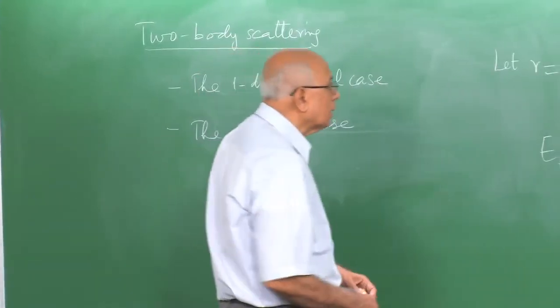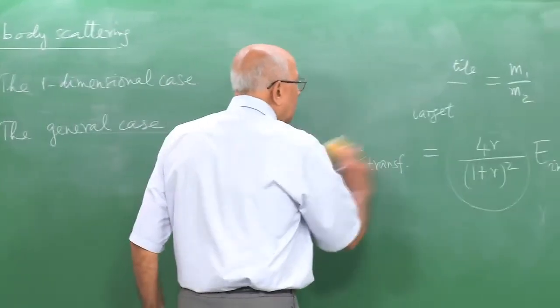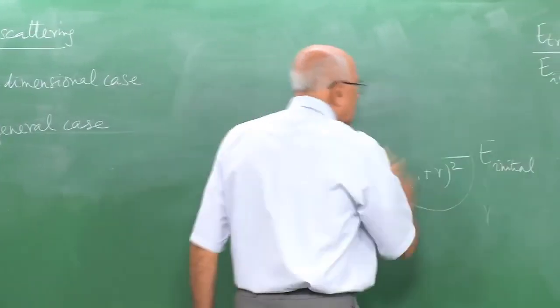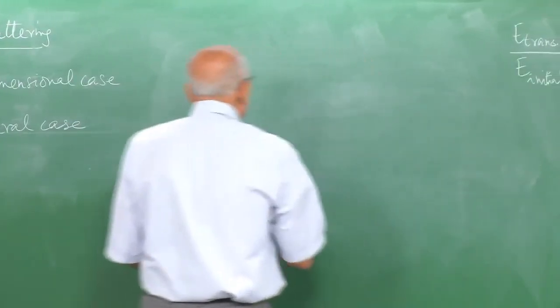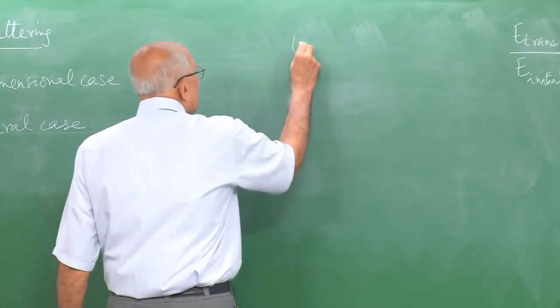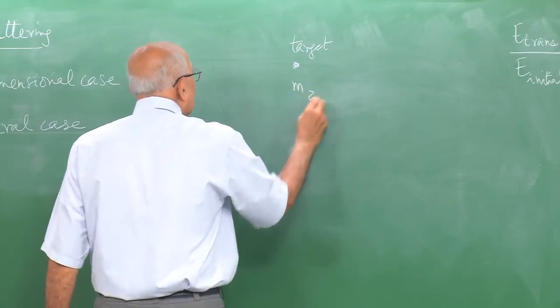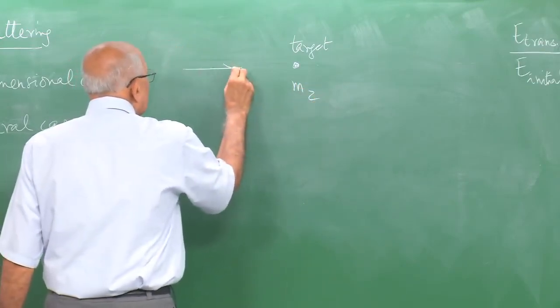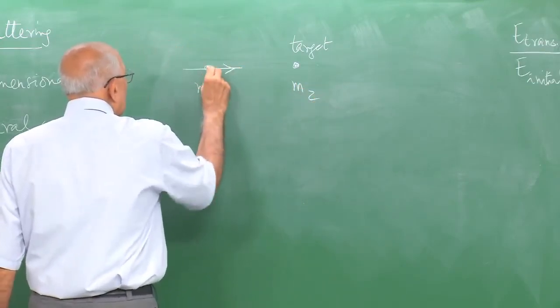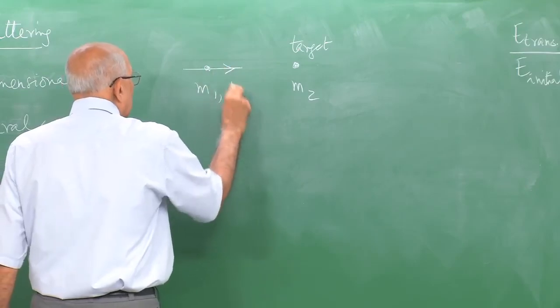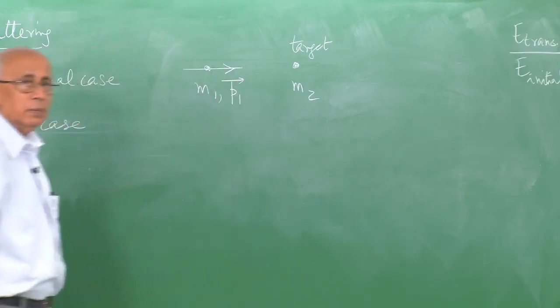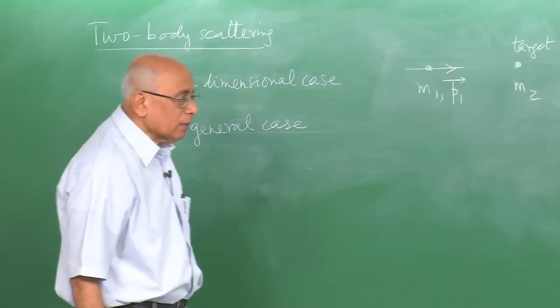So let's look at the general case of scattering of two particles, but we can again do the same thing. We can again say that the target is at rest, so that's the target, mass m2, and along comes m1, mass m1, with initial momentum p1, a vector now. What happens after scattering?